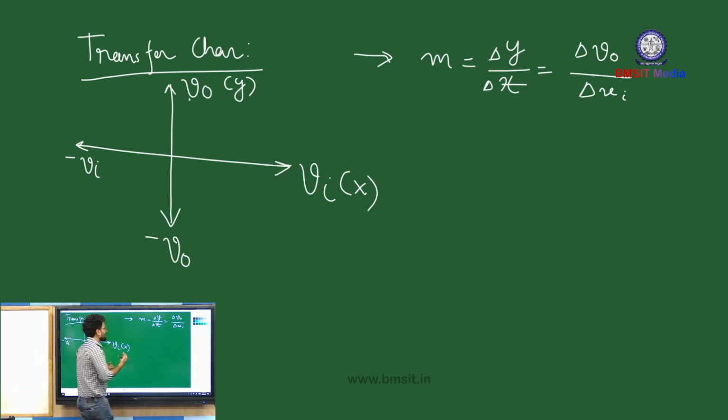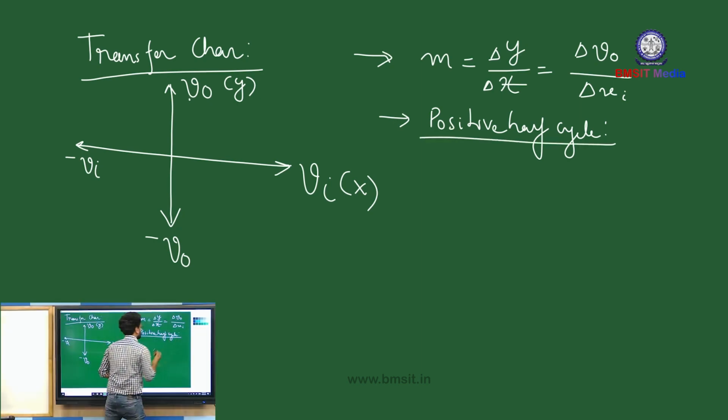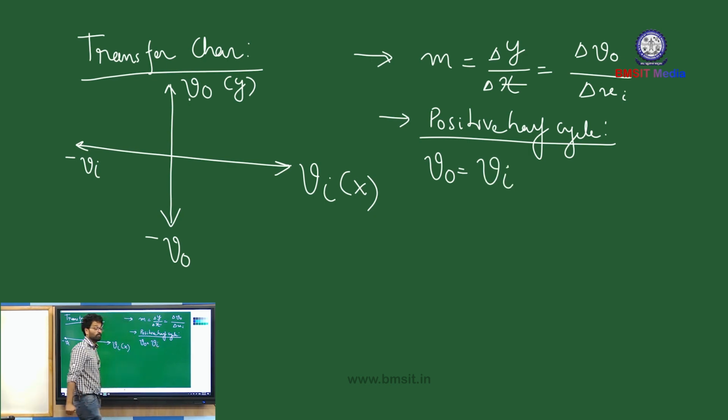Okay. So you need to calculate the slope for the positive half cycle as well as the negative half cycle, and details of the positive half cycle and negative half cycle we have already discussed. So what did we get in case of the positive half cycle? We have seen that your output voltage is equal to the input voltage.